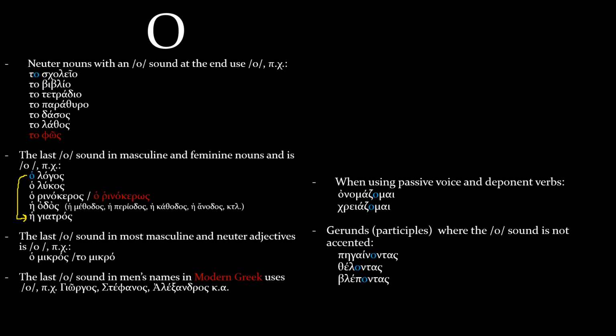You can see that blue omicron has no acute accent. There's no oxia on it. It's an unaccented vowel, and that'll be an omicron. Vlepondas, seeing or while seeing.